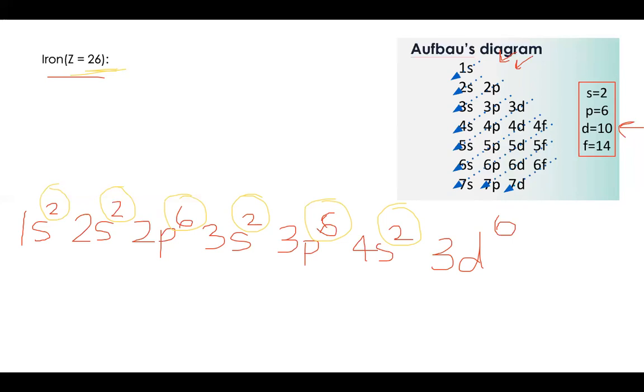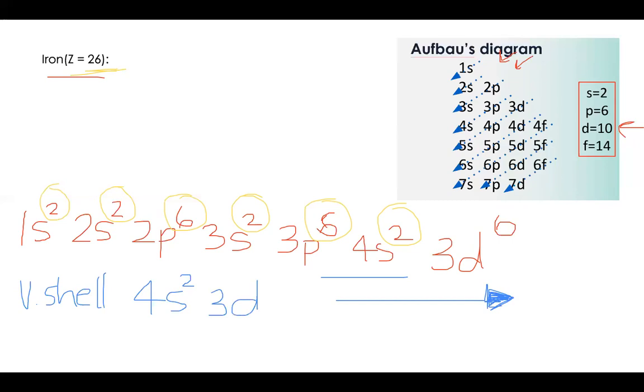It is the 4s2, and I will take everything to the right side of 4s2. So the valence shell will be 4s2 3d6.